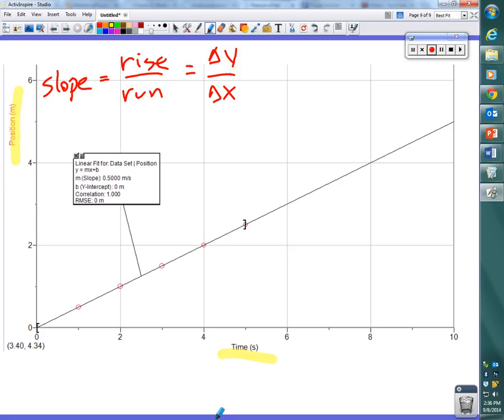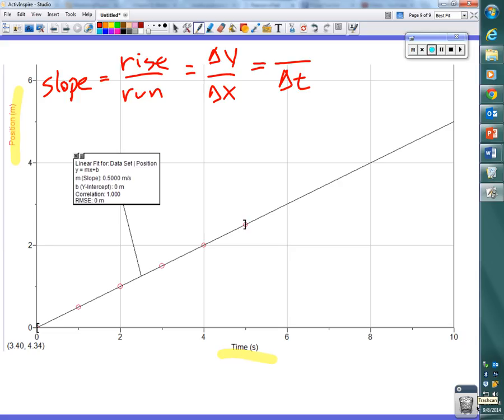So these generic x, y variables that show up in our definition of slope actually mean a little bit more on this graph because they're actually representing something. Let's start with the x-axis. What are we representing or measuring on the x-axis? Time. So in this definition of slope, instead of delta x on the bottom, we can plug in delta t to represent the change in the time.